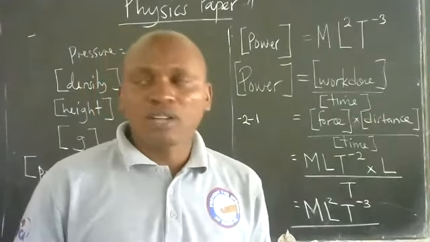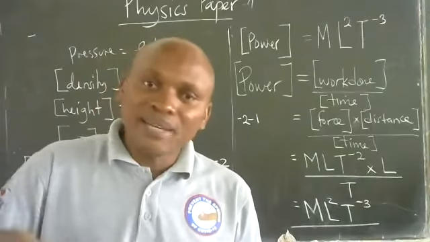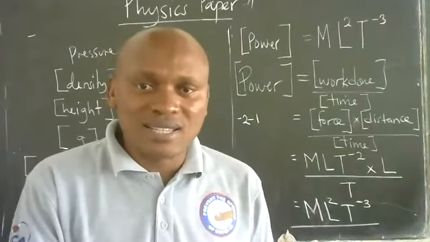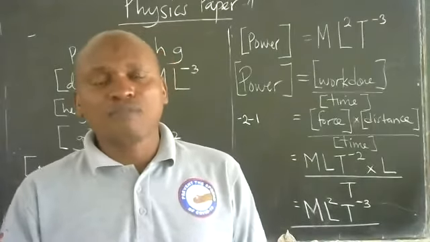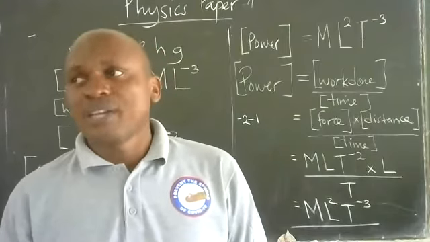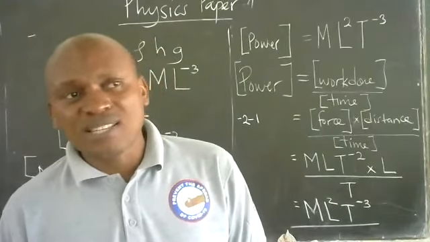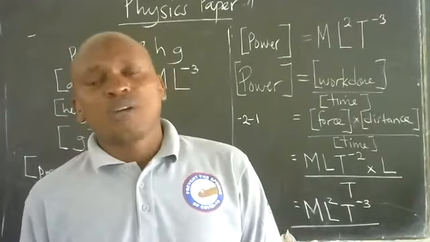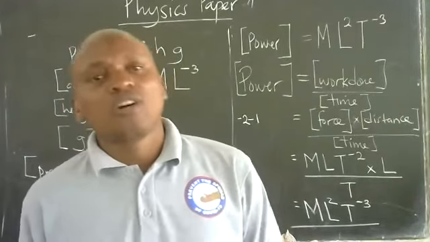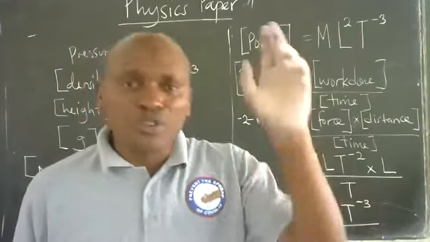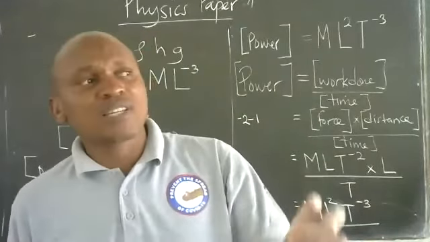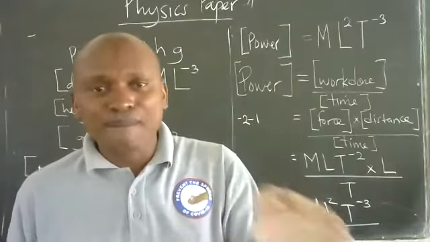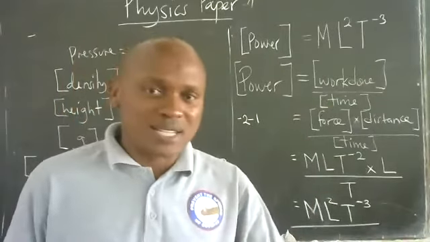Some people call them non-dimensional quantities. We gave examples of relative density, refractive index, and mechanical advantage. All those quantities have no units. Therefore, in physics, we refer to them as dimensionless quantities.